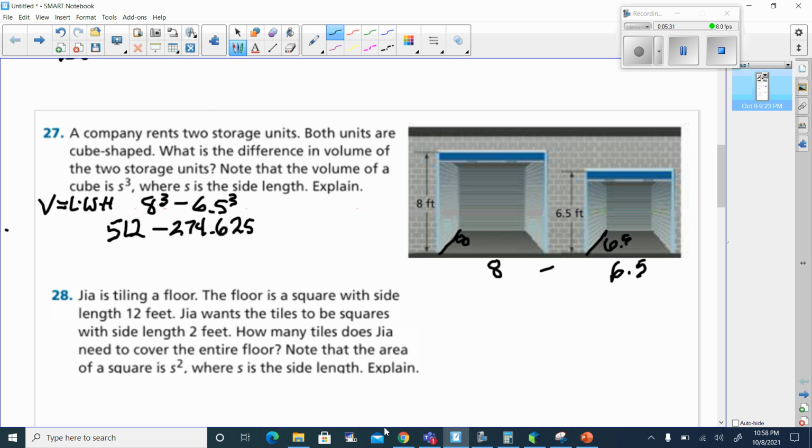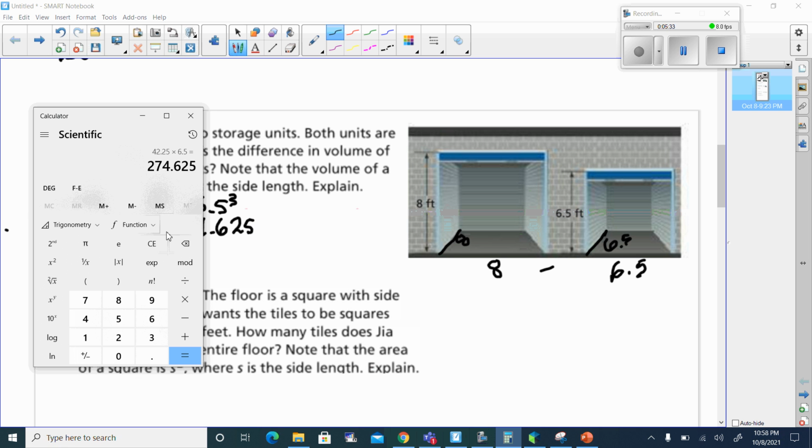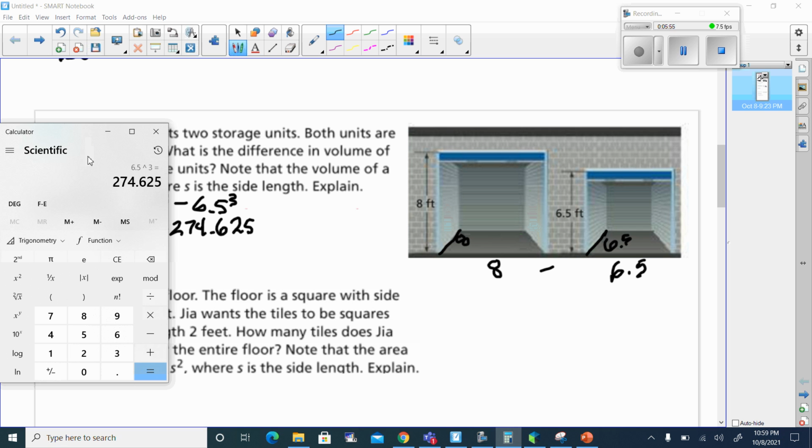Just to make sure I didn't make any mistakes, I'm going to take 6.5, and this is the other way I could have done it. I could have went over here to this function where it says x to the y power, and now 6.5 is my x. I'm going to put in my y, which is 3, because it's the third power, and look at that, 274.625.